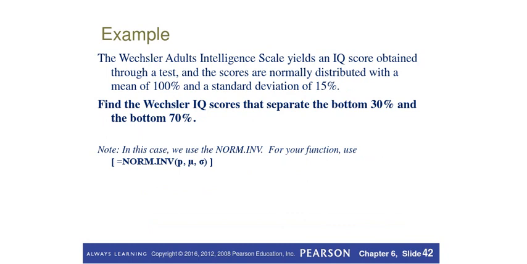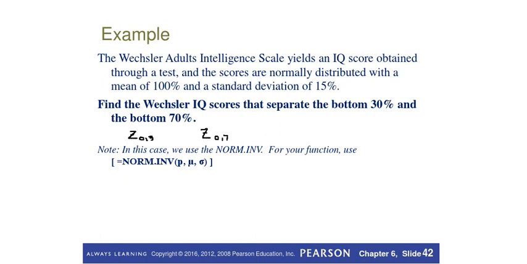Well, this is just like what we did before. When we're talking about our z-scores, this time we're given the percentage, so we use our norm.inv distribution right here. And what we're actually finding is the z associated with 0.3, and we're looking for the z associated with 0.70.